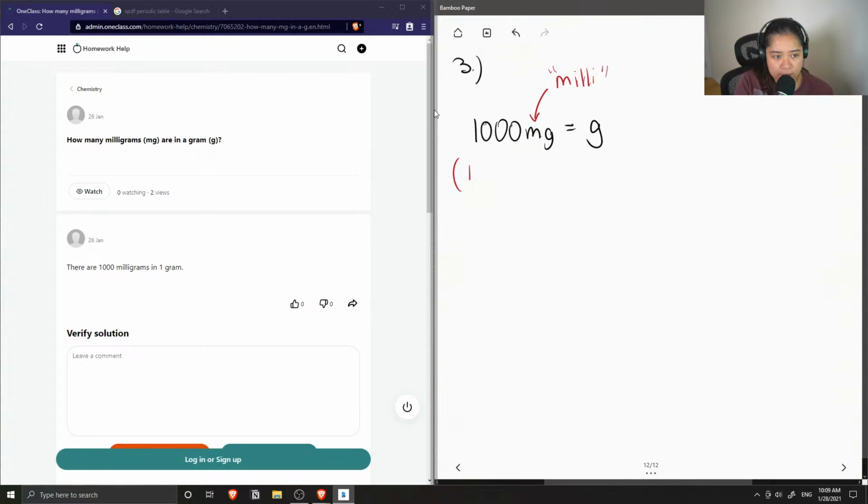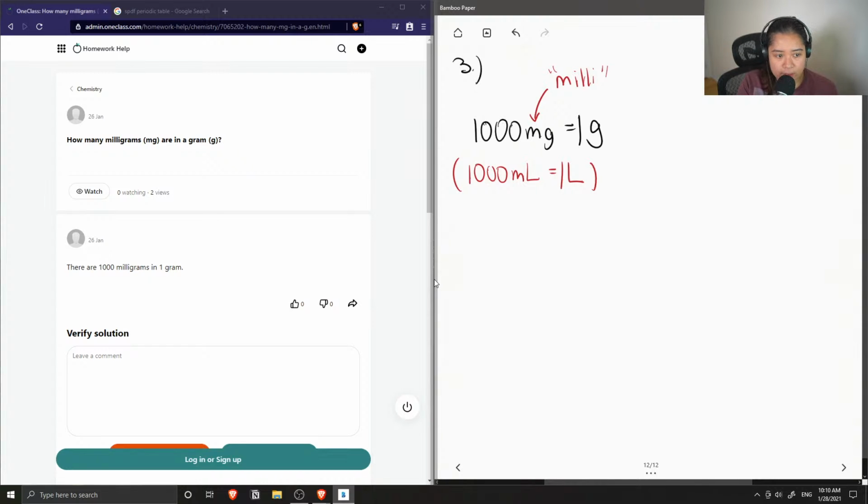So similarly, there are 1,000 milliliters in 1 liter, and so on and so forth. We are able to know how many of each, like we know that there's 1,000 in 1 gram because of that prefix.